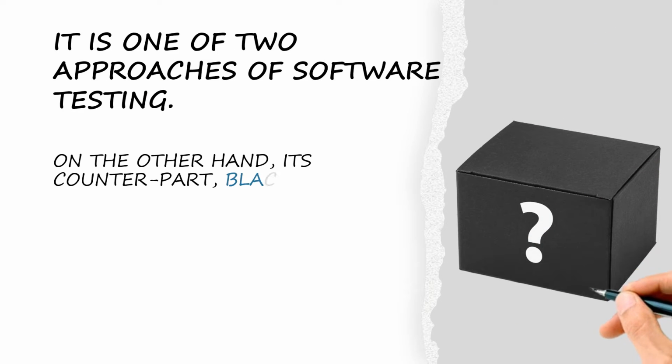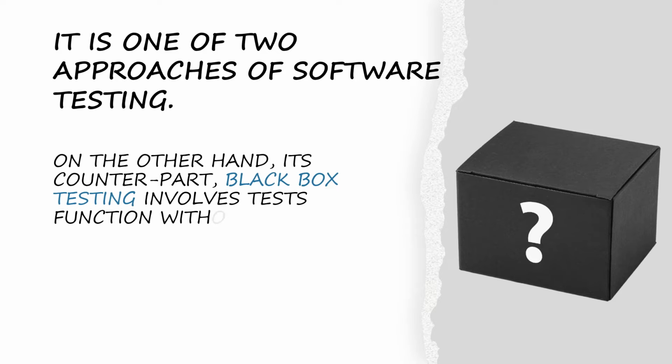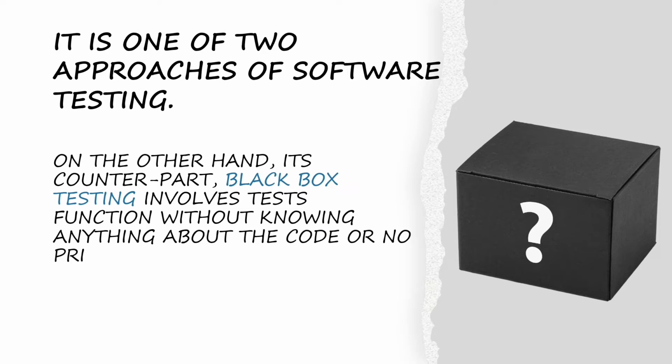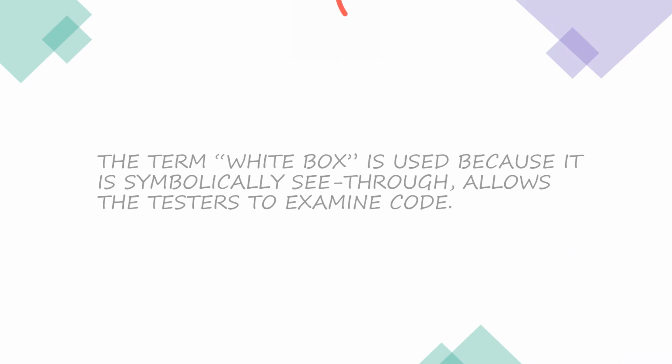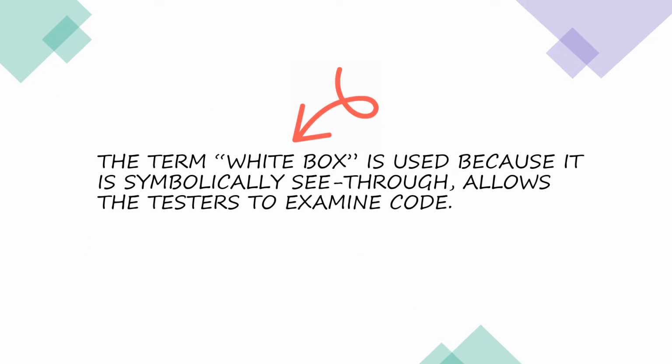On the other hand, its counterpart, black box testing, involves testing function without knowing anything about the code or having no prior knowledge of its internal workings. The term whitebox is used because it is simply see-through, allowing the tester to examine the code.